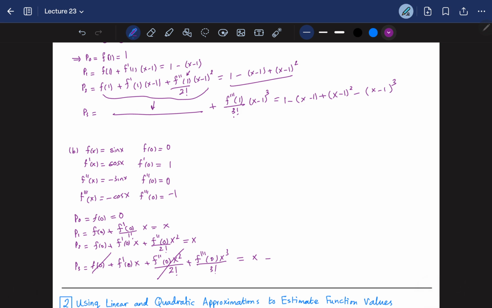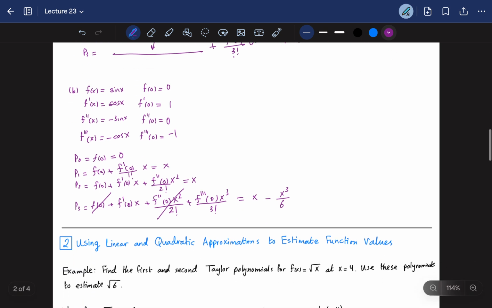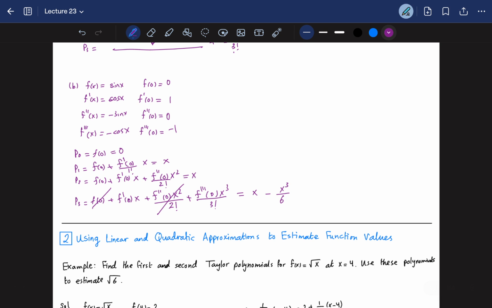Then here, this is negative x cubed over 6. So this is the general Taylor and Maclaurin series and their polynomials. It's just a bunch of calculations of finding the derivatives and then plugging in the values. Now let's see how these polynomials could be helpful.